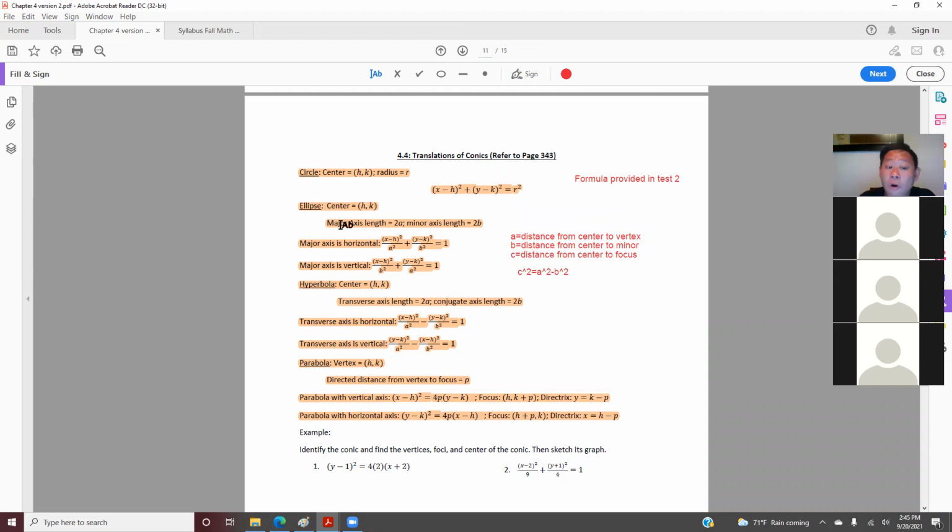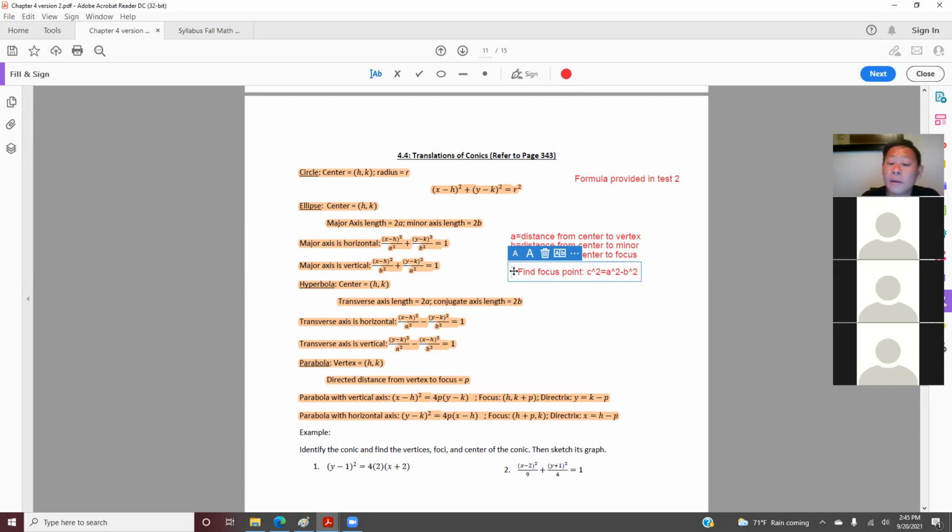For your formula for ellipses, you just need to know a and b. You do not need to know c. Sometimes the question asks you to find the focus point or something else, then you need to use this formula to find the focus point.